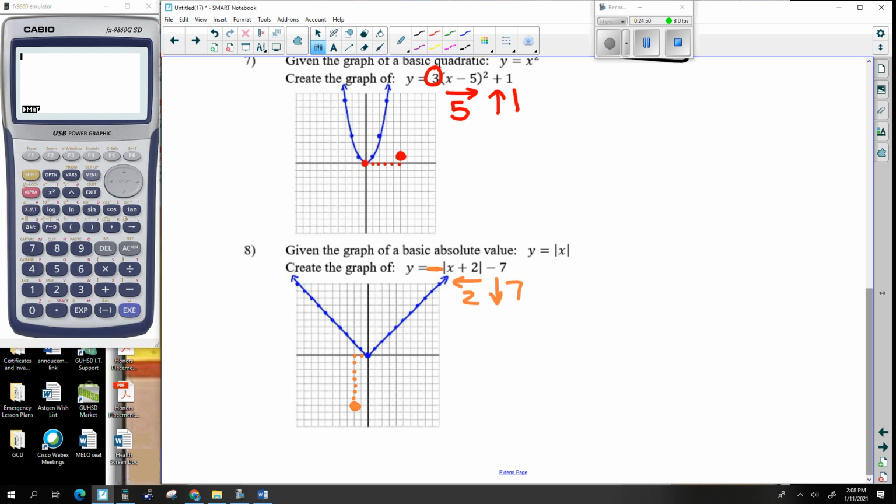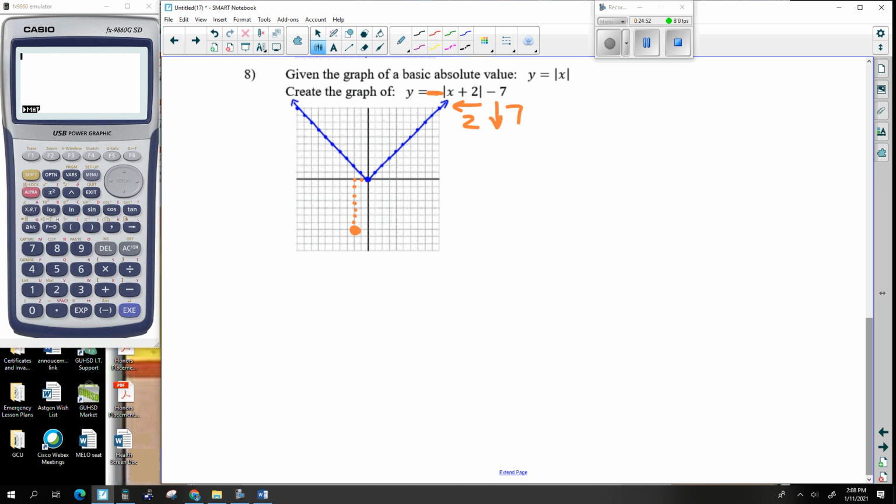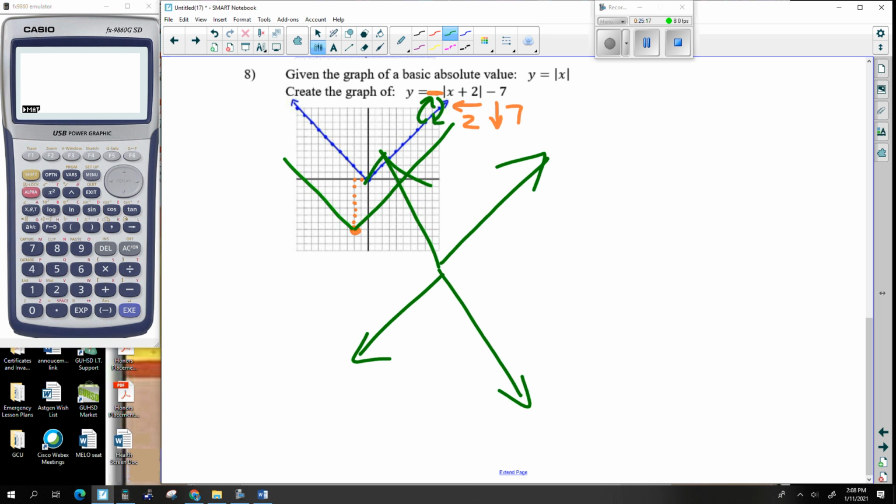And then I'm going to stick with number 8 here just for a second. Typically this should look like this. Over 1, up 1, just like that. However, the minus means you flip it up and down. So instead of going up, it's going to do the exact same thing but go down.